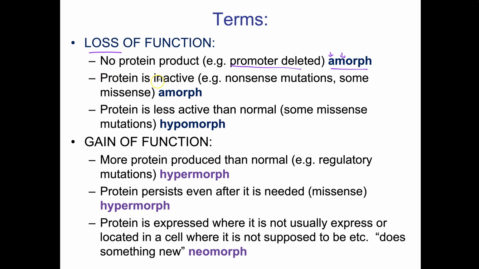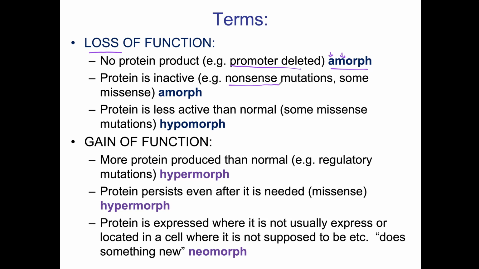The protein could be produced, but then maybe it doesn't do the job at all. And so there's a lot of nonsense mutations that will give you that phenotype. You have this truncated protein. It's only maybe the first half of the protein, and it's just completely incapable of catalyzing that enzymatic reaction or whatever it's supposed to do. And even a few missense mutations fall into that category as well.